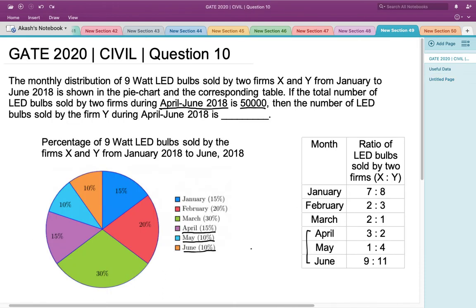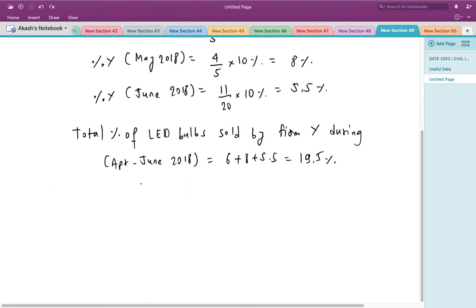Now, it is also given that the total number of LED bulbs sold by the two firms during April to June 2018 is 50,000. That means that if I add all these percentages of the bulbs sold by the two firms, which is 15 plus 10 plus 10 during April to June 2018, and take this percentage of the total number of LED bulbs sold from January to June 2018, then this would be equal to 50,000.